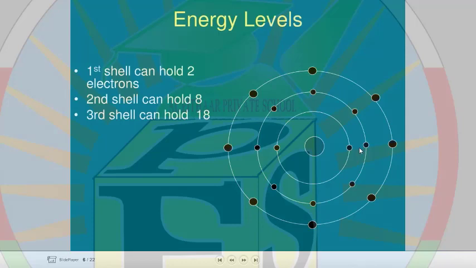You can see here 1 and 2. These black dots represent the electrons. So 2 electrons in the first shell. In the second shell there will be 8: 1, 2, 3, 4, 5, 6, 7, 8. In the third shell it will hold 8. Here it is a mistake, it's 8 not 18.